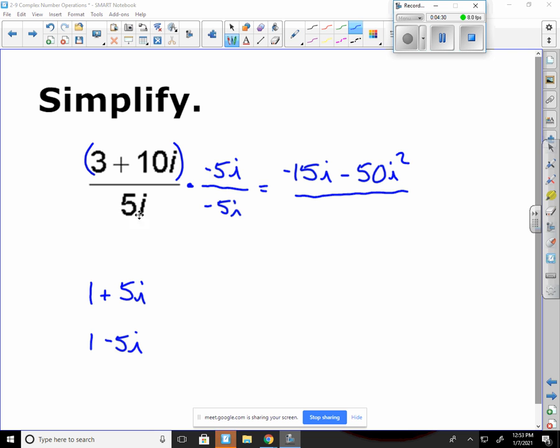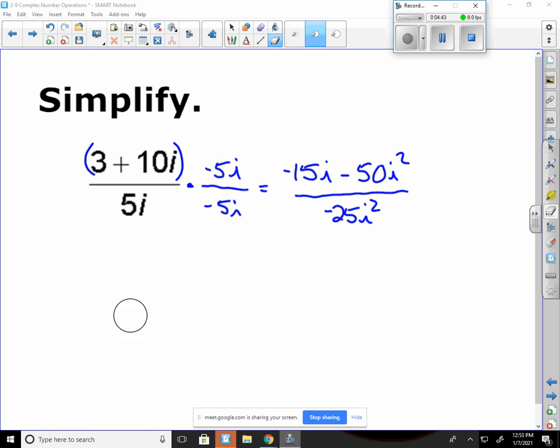In the bottom, if I multiply 5i times negative 5i, that's going to give us negative 25i squared. But we know from our previous experiences that anytime we have an i squared, that's equal to negative 1. So now I can replace my i squareds with a negative 1.